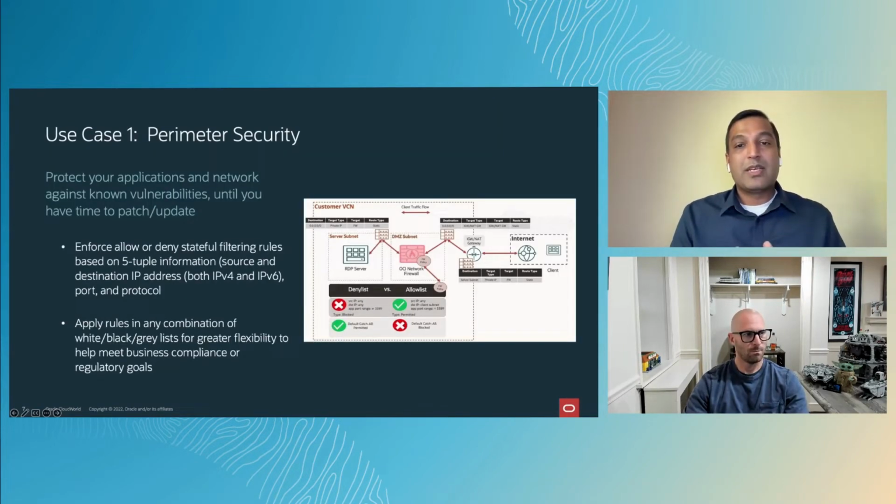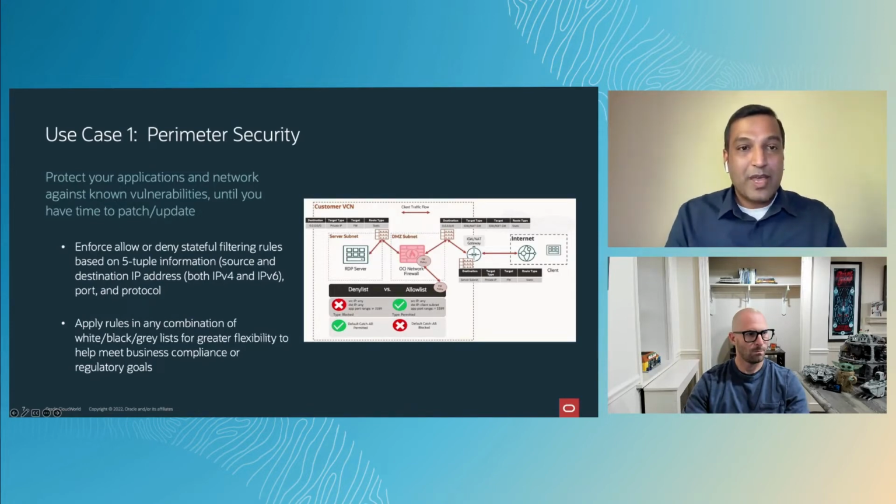The first one here is securing your network perimeter, which allows you to protect your workloads in OCI against threats that are coming in from the internet until you have time to patch or update your vulnerable systems. As shown in the diagram here, the network firewall can be composed with either an internet gateway or a NAT gateway for internet access.